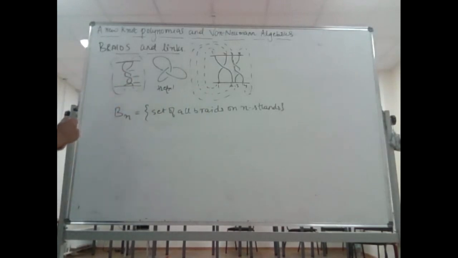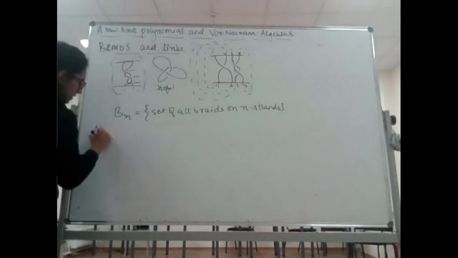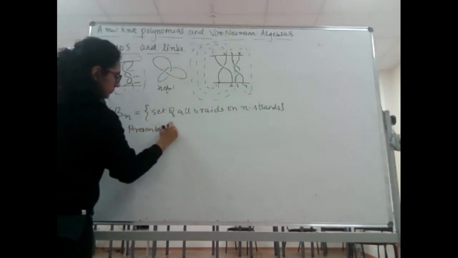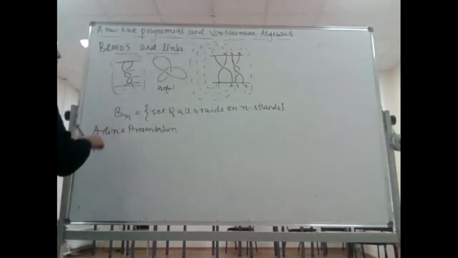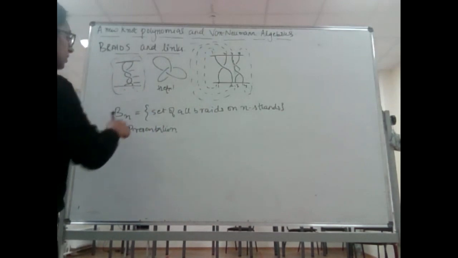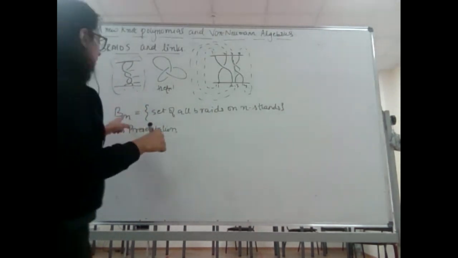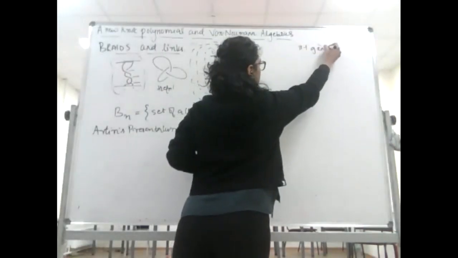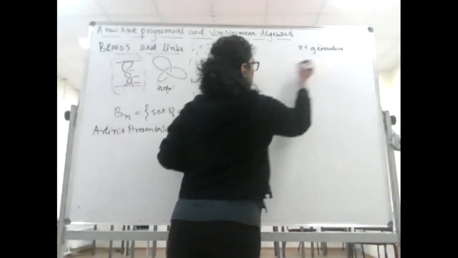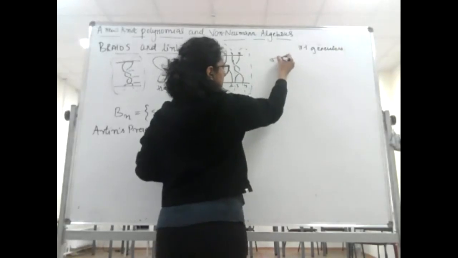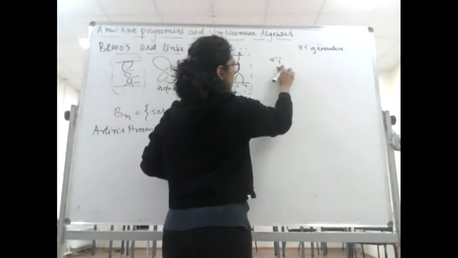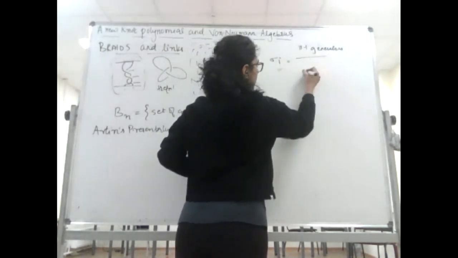And Artin gave a very nice looking presentation of the braid group. Before Artin's presentation, we need to know that this braid group on n strands can be generated by n-1 generators. Let's denote them as sigma i, and sigma i is nothing but a braid of this form.